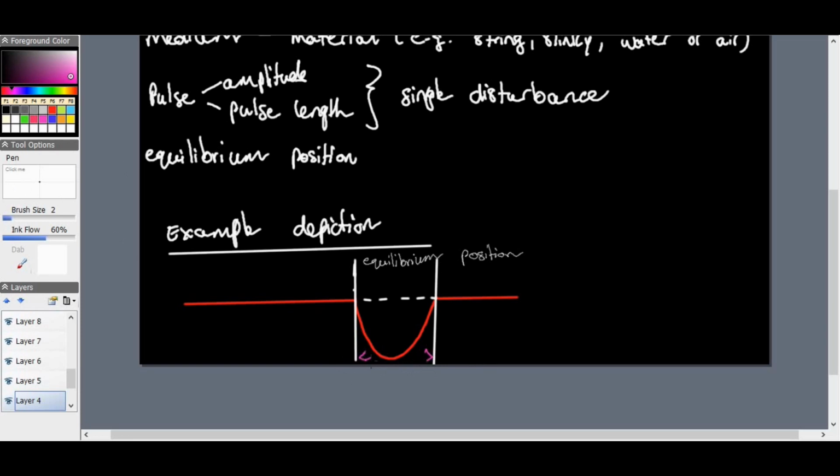Very bad drawing. From there to there is what's known as the pulse length. And this little height over here is known as the amplitude of a pulse.